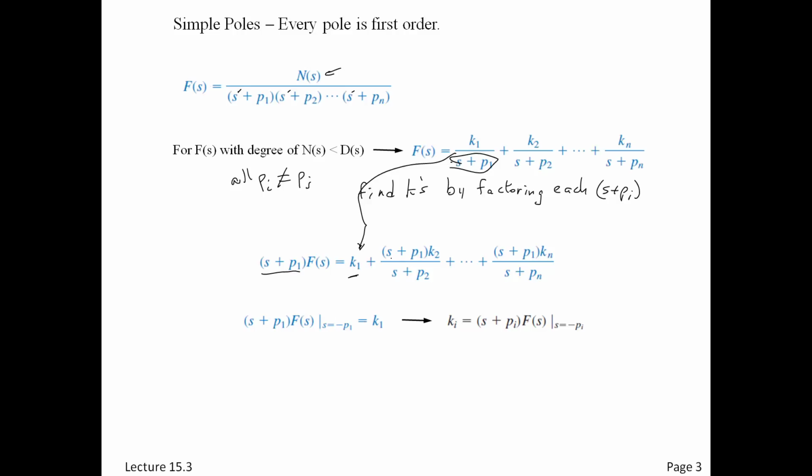All of these terms, at s equals minus p1, this term becomes 0, as do all the others, right? When I plug in minus p1, that would just leave me with k1. So that's what I mean by isolating.